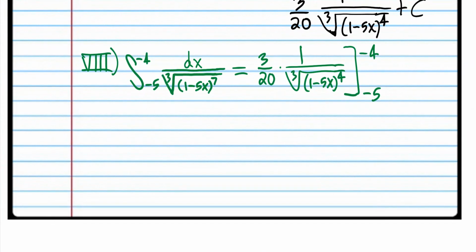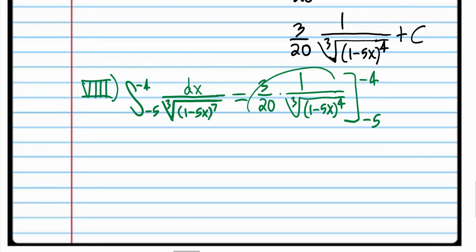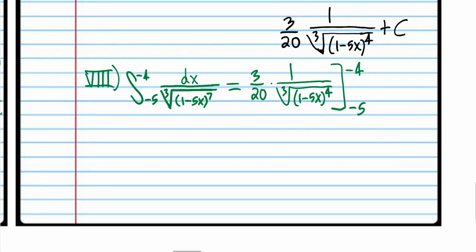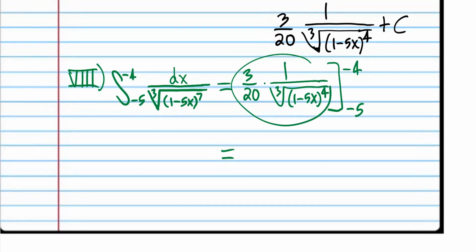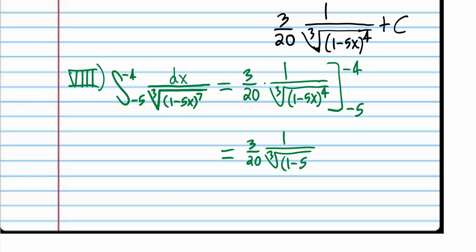Now all we have to do is just write this expression with negative 4 plugged in, and subtract this expression with negative 5 plugged in, this whole thing. So we have 3 over 20 times 1 over the cube root of 1 minus 5 times negative 4, and that's all raised to the 4th power.